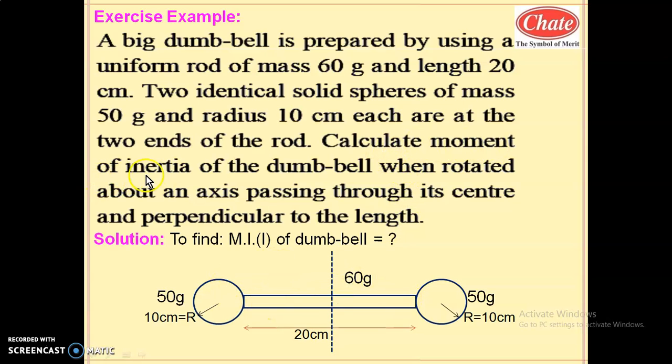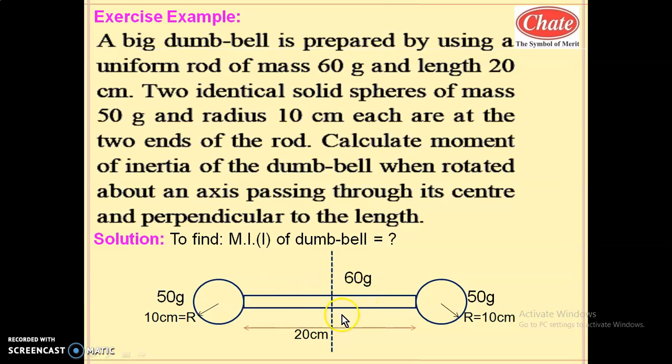Calculate the moment of inertia of the dumbbell when rotated about an axis passing through its center and perpendicular to its length. So in the solution, we have to calculate the moment of inertia of the dumbbell about the axis that passes through the center and is perpendicular to its length.